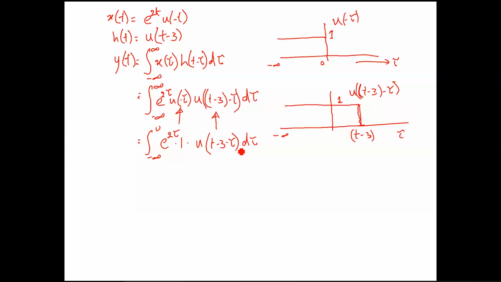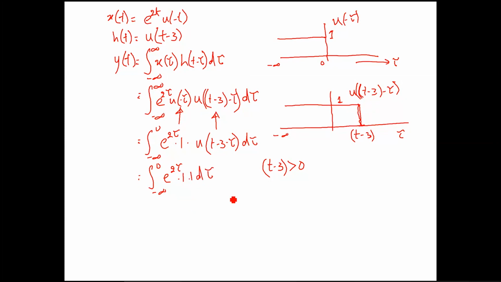Now if we see in the range minus infinity to 0, if t minus 3 is greater than 0, then this will become the integral from minus infinity to 0 of e raised to the power of 2 tau into 1 d tau.